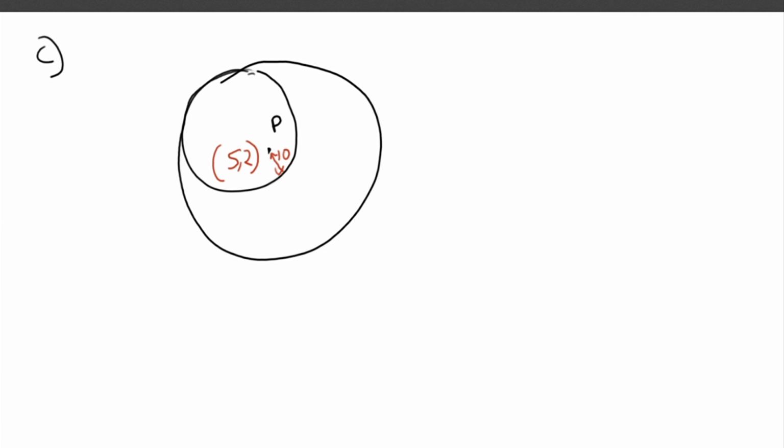Okay, for C, it says P is the centre of a third circle, C3. C2 touches C3 internally. So C2 touches C3, it just means that will be tucked inside the C3 circle, and P is the centre of the larger circle. Now, from previous, we found out that the radius of C2 is 25.